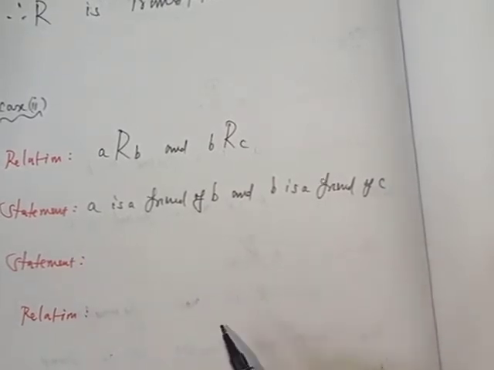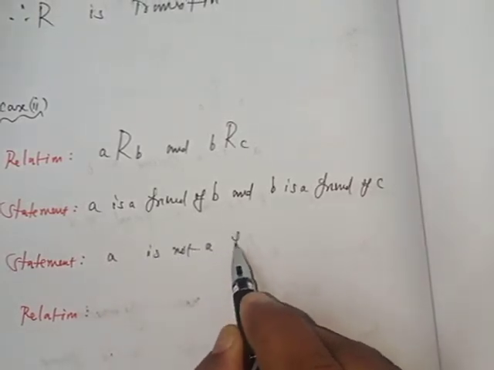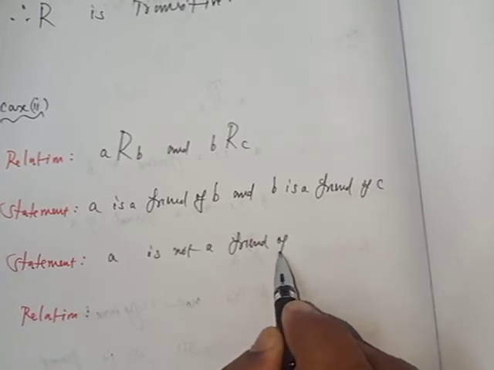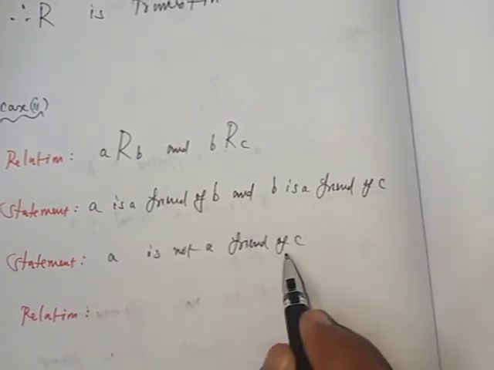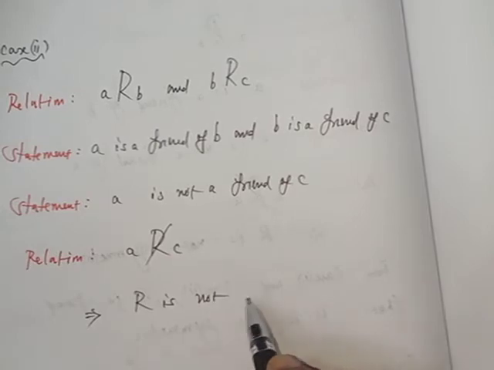That is also possible. A is not a friend of C. Not a friend means A is not related to C. If not related, R is not transitive.